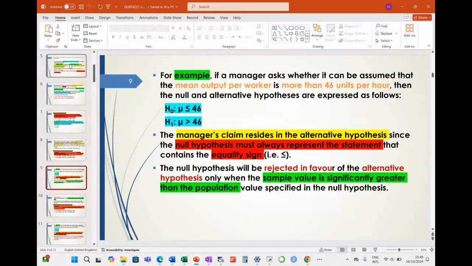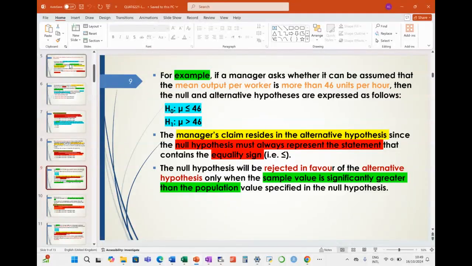In this scenario, they say, for example, if a manager asks whether it can be assumed that the mean output per worker is more than 46 units per hour. So again, here can you see, you have a situation where it's either going to be more than or it's going to be less than.